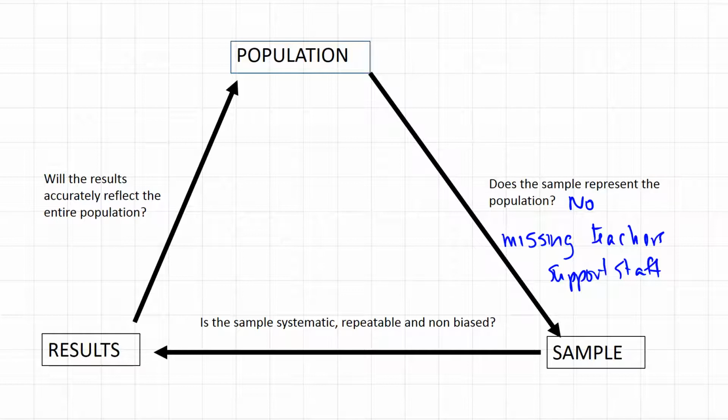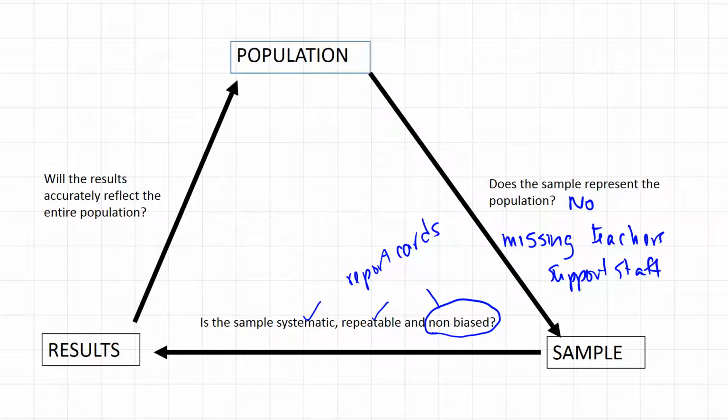Was the sample systematic, repeatable, and non-biased? Well, it was definitely systematic. There was a system to it, and you could repeat it every report card, I guess. And was it non-biased? Did it show favoritism? Well, it was biased because it was sent with the report cards, and not all students and parents read report cards, so you're missing a group of the population, the ones that aren't paying attention to that.